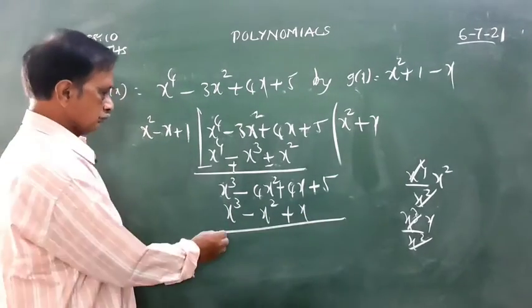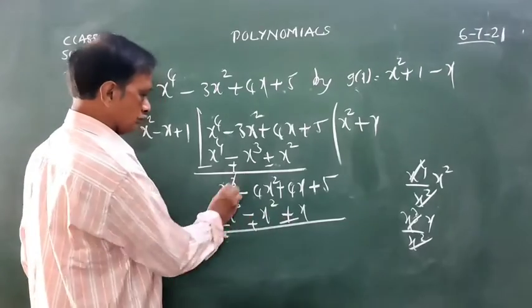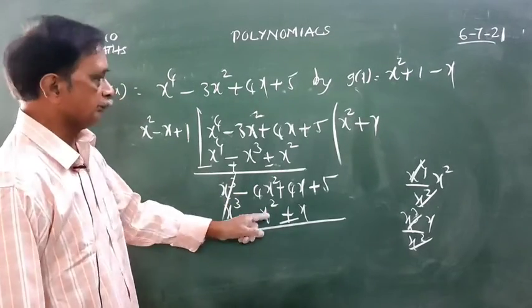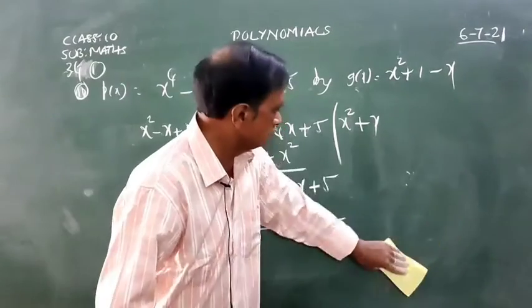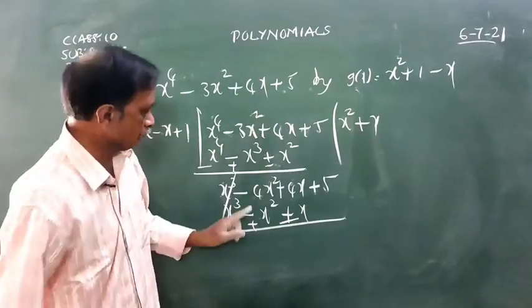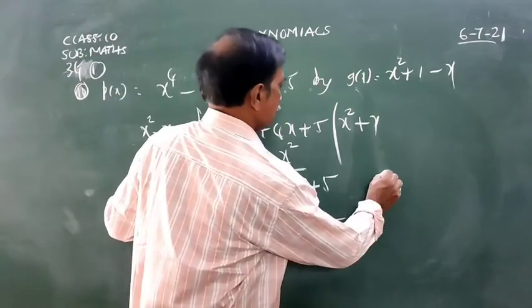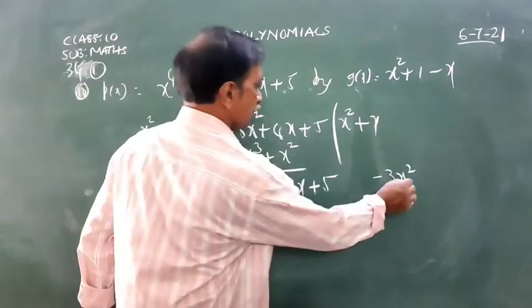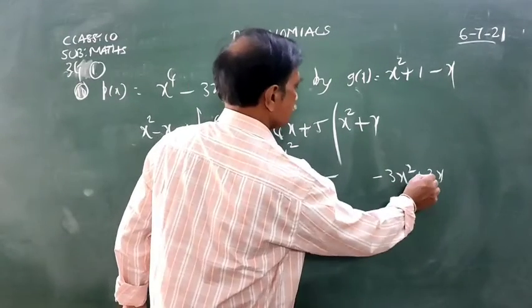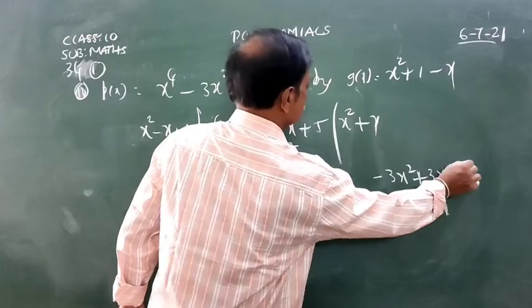Now subtract. Minus plus minus. Minus 4x square plus x square gives what? Minus 3x square. Plus 4x minus x gives what? Plus 3x plus 5.